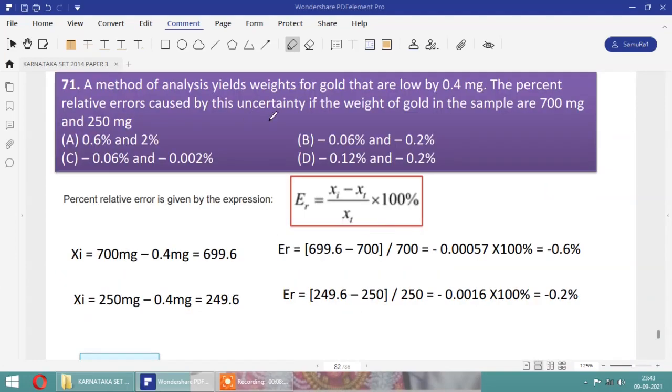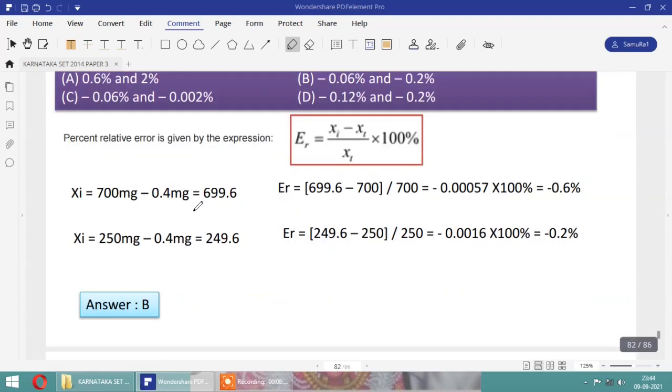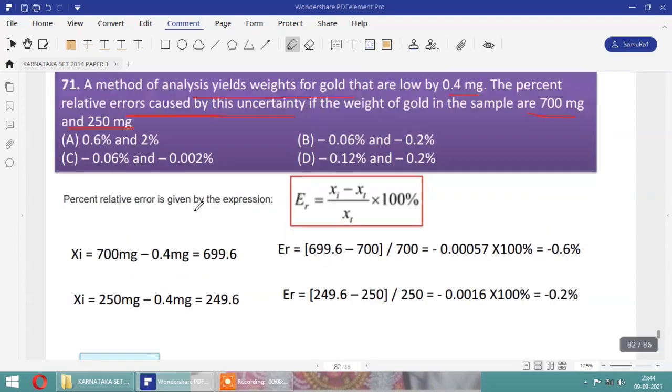Question number 71. A method of analysis yields weights of gold that are low by 0.4 milligram. The percentage of relative error caused by this uncertainty, if the sample is 700 milligram and 250 milligram. You have to calculate the percentage of relative error.